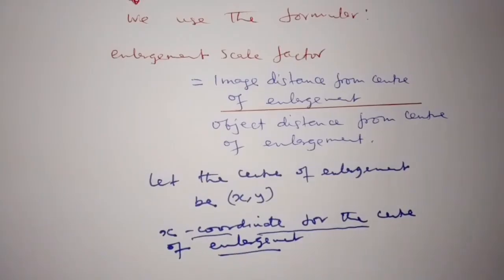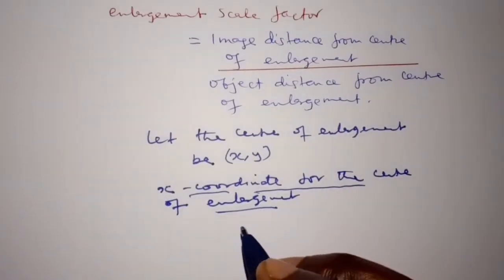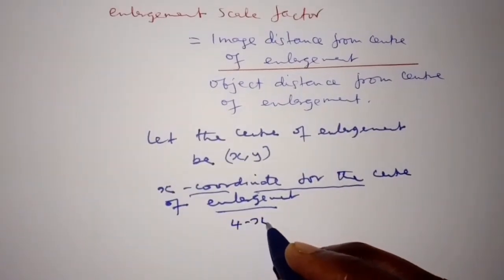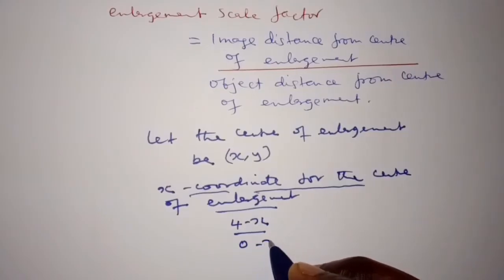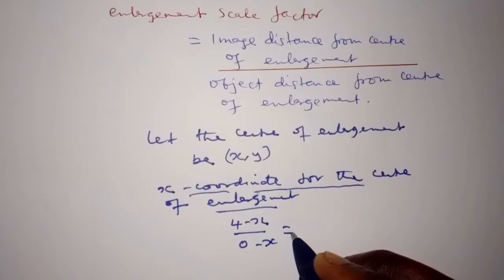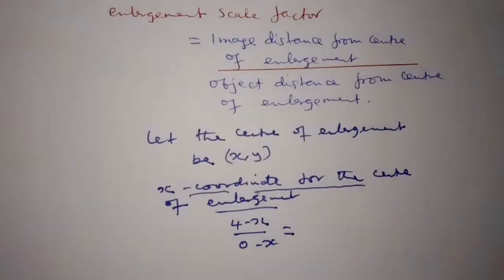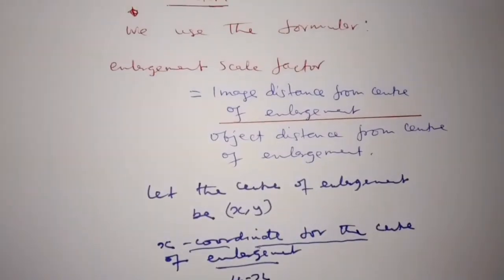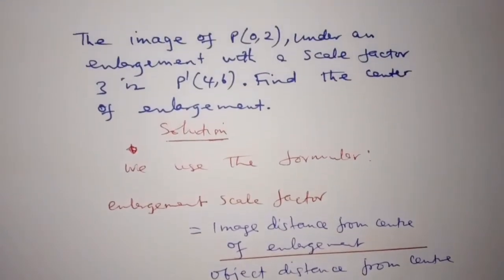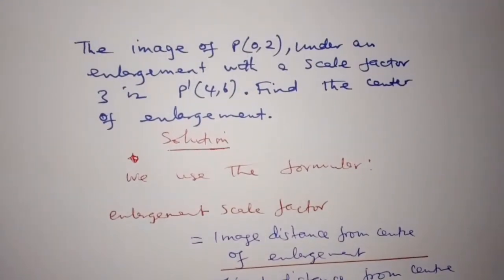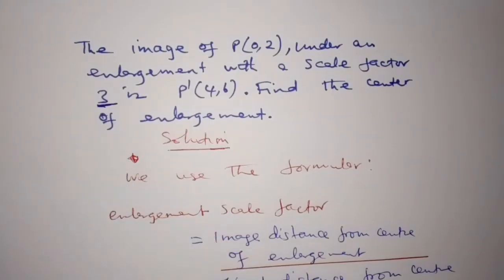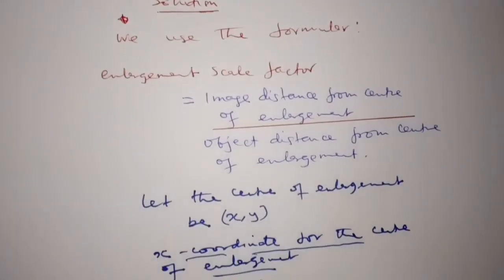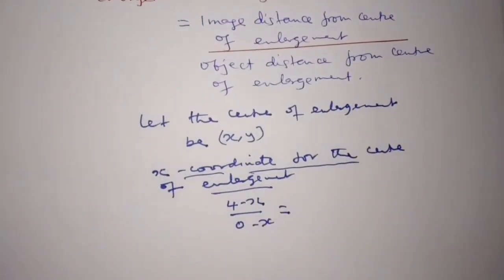So the x-coordinate for the center of enlargement is given by 4 minus x over 0 minus x. This is supposed to give us a scale factor of 3.